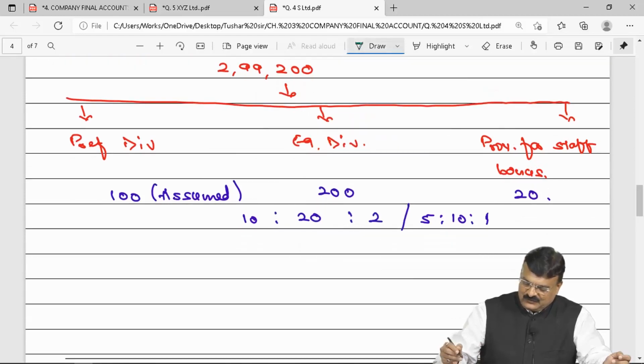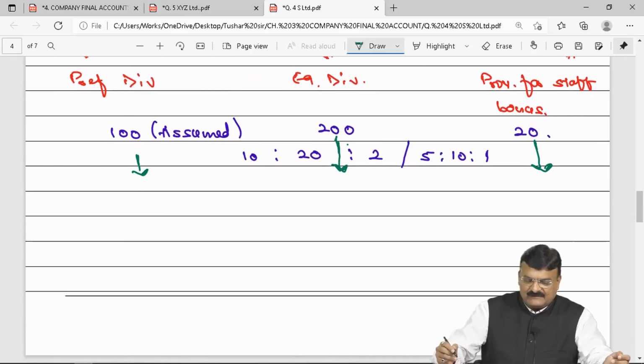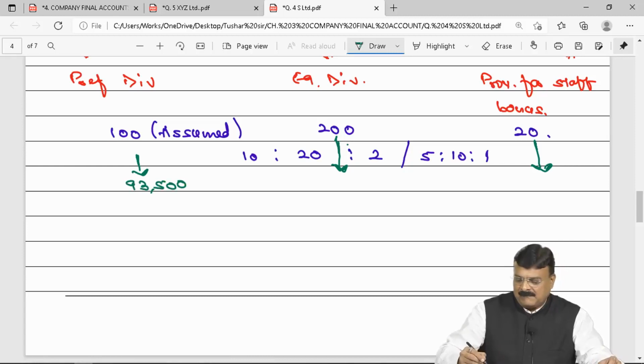Distribute 299,200. So this particular part: preference dividend, equity dividend, and 10% of that staff bonus you will get. How much? This figure will be 93,500.